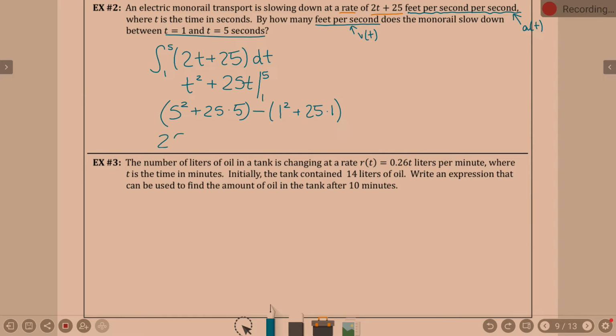So I got 25 plus 125 minus 1 minus 25. And for me, I just said, oh, 25 minus 25 cancels, and I am at 124. 124 what? Feet per second.